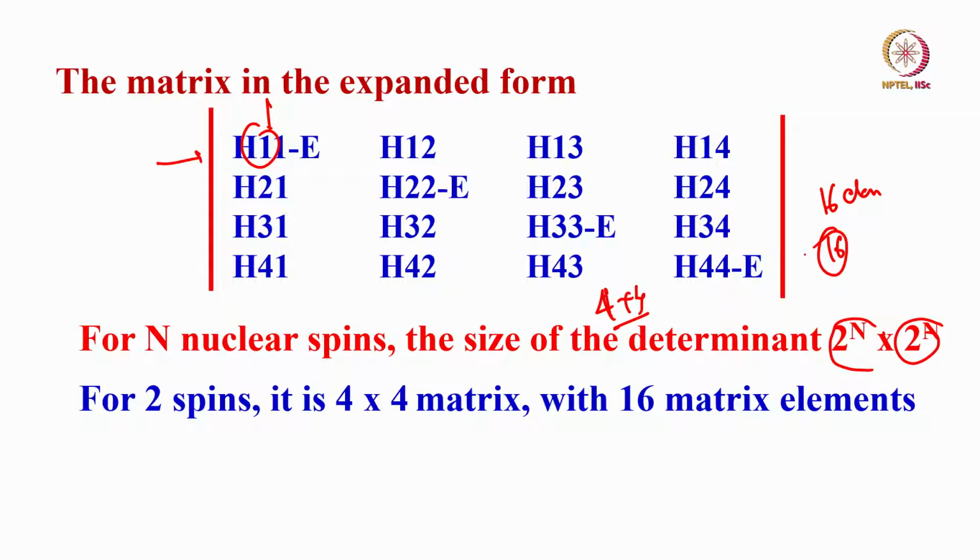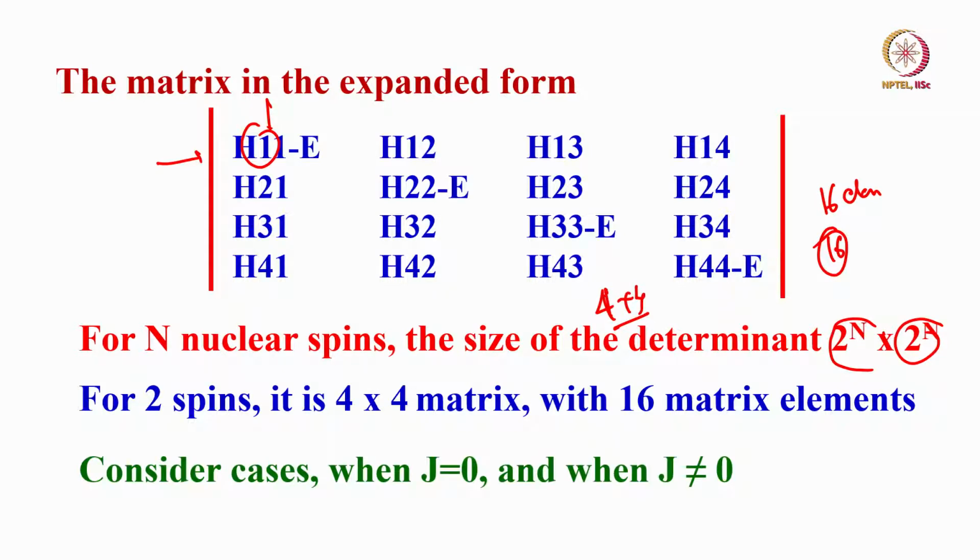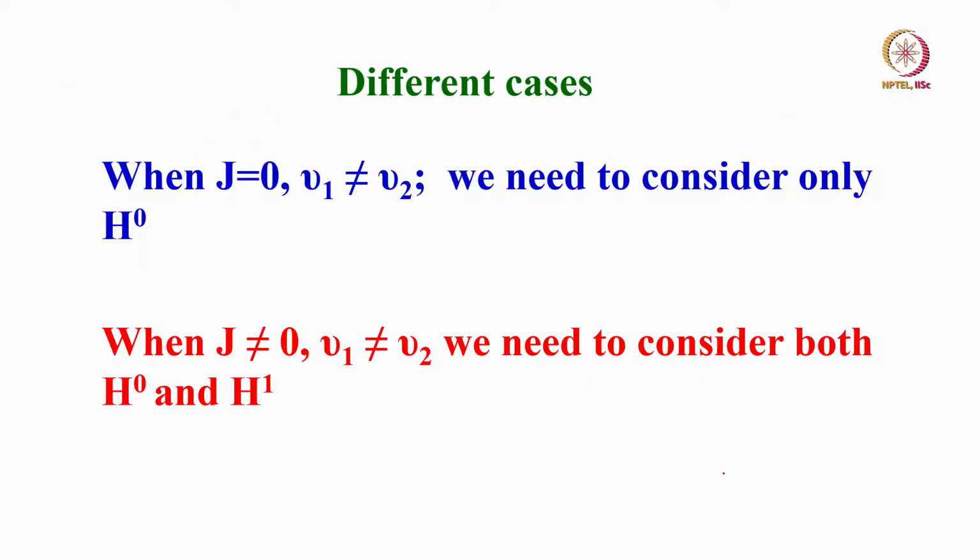That is fine. Now, we said 2 interacting spins. Now, there are 2 possibilities we can think of. J could be 0 and J could be non-zero. We will consider that now. Consider a situation when J is equal to 0. Since it is an AX spin system, chemical shifts are different, then nu1 is not equal to nu2, that is one situation.